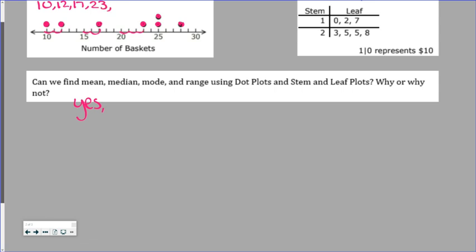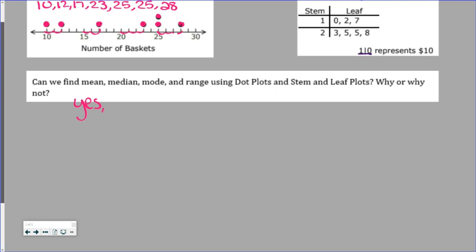We have 2 dots at 25, 26, 27, and 1 dot at 28. So if we look at it that way, if we take our dots and put it into a list of numbers, we still have the values we need to be able to find mean, median, mode, and range. Can we do the same for the stem and leaf plot?